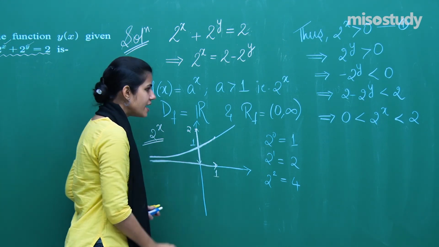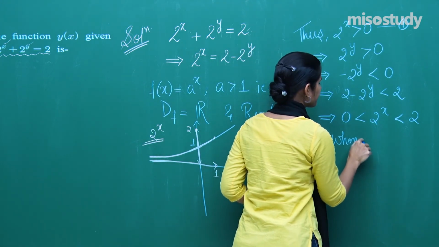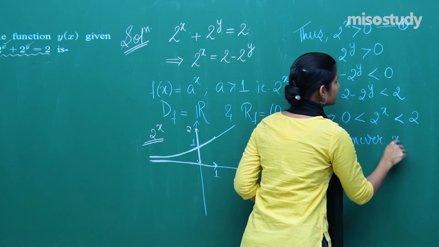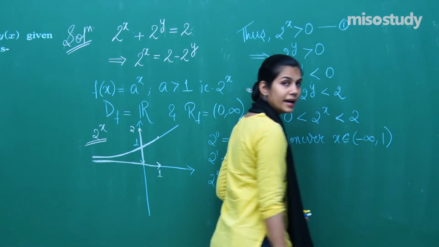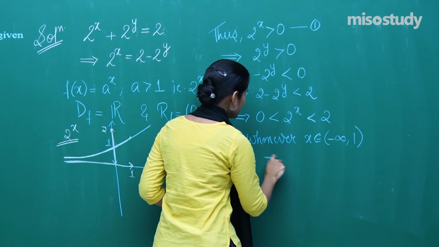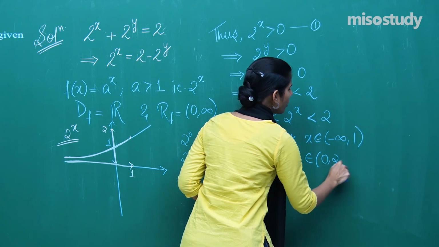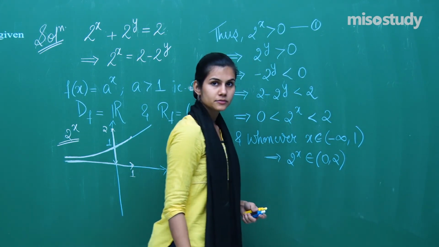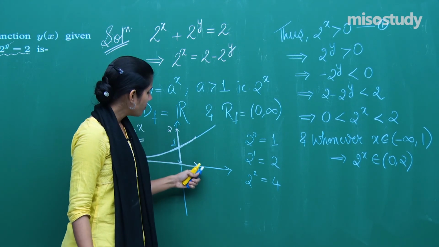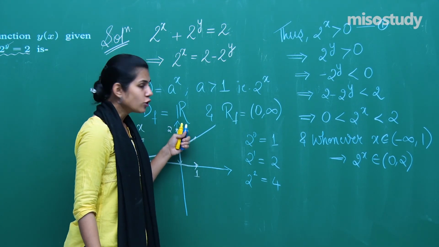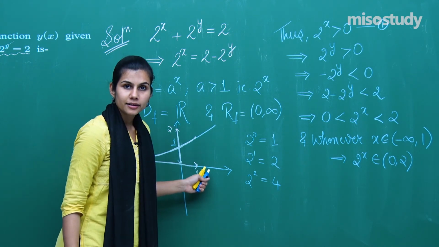That means whenever x belongs to minus infinity to 1, this implies 2 to the power x belongs to (0, 2), because 2 to the power 1 is 2. That's it. The moment I go beyond 1, my output will be beyond 2. So I cannot go beyond 1 in the domain.